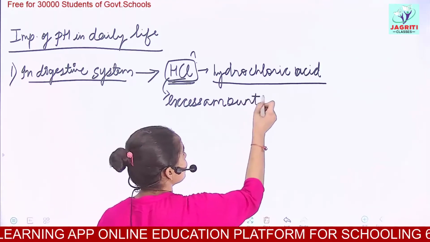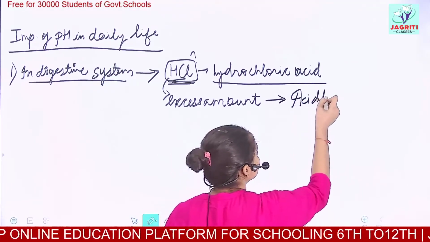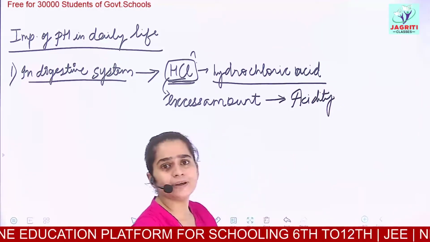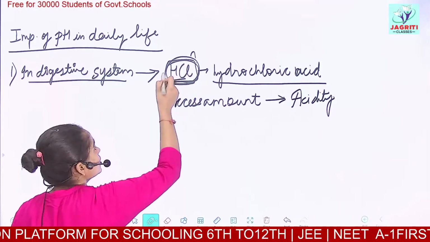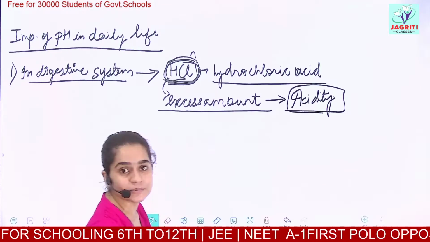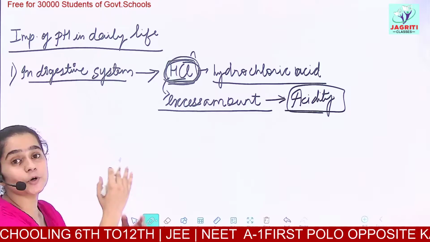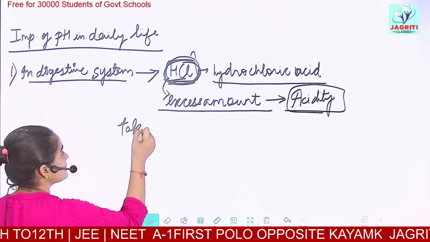of this acid leads to a disorder, that is, acidity. Okay, this is a very general problem. The secretion of excess HCl, hydrochloric acid, in the stomach leads to acidity problems. And to cope with the problem, what do you take? You take antacids.